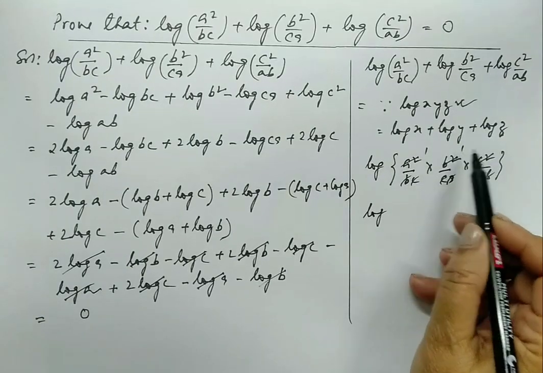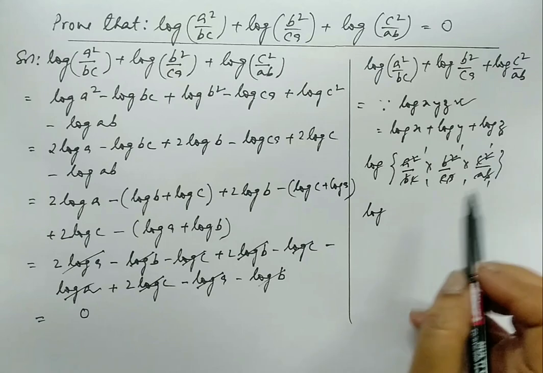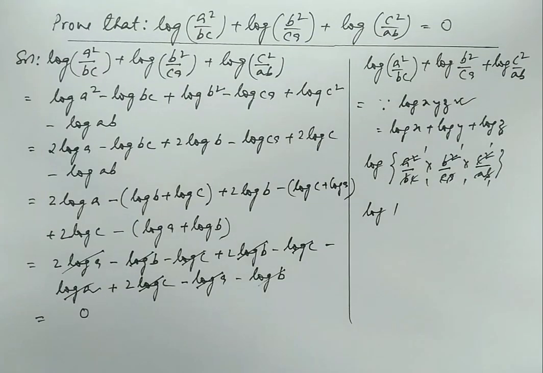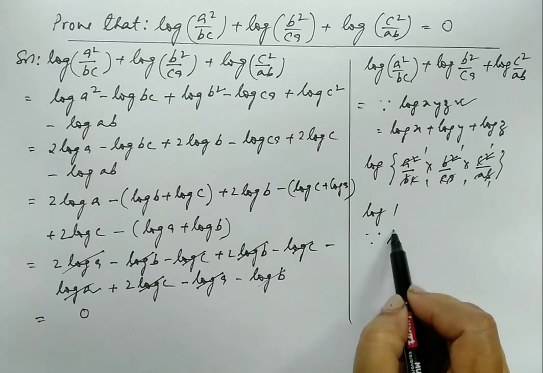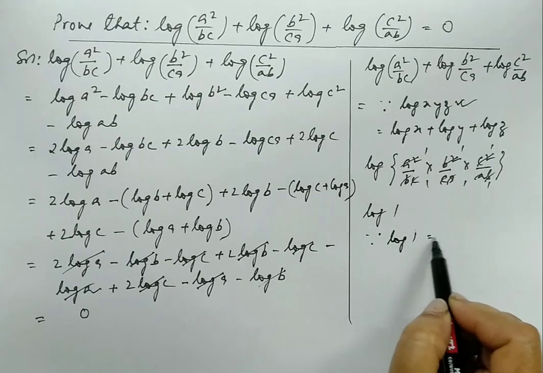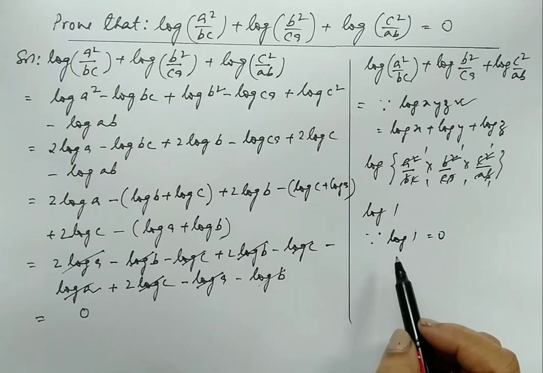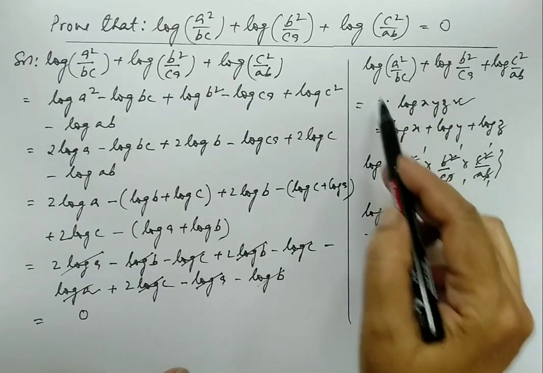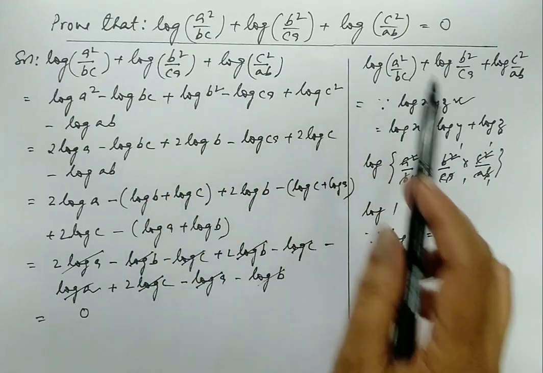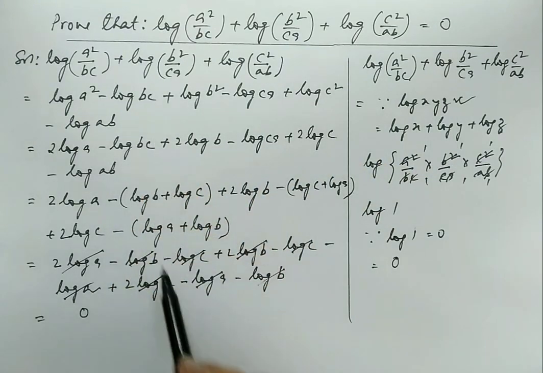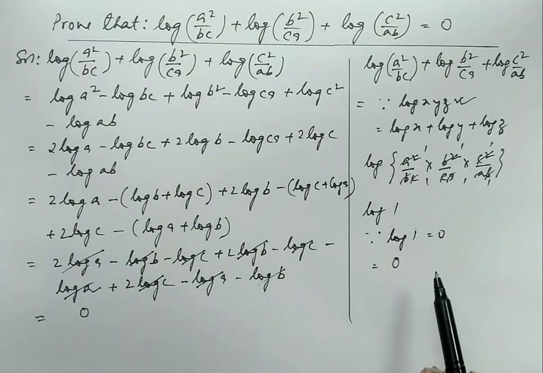This is 1, 1, 1, 1, 1, 1. So we are left with log 1. And as you already know that log 1 is equal to 0, the answer for this entire thing is 0. So thus proved. We have been able to prove. So this was the longer method and this was the shorter method.